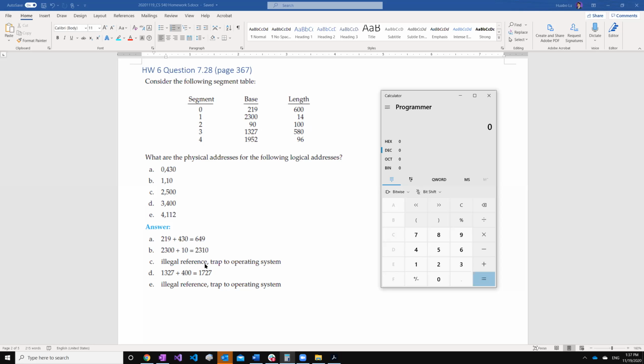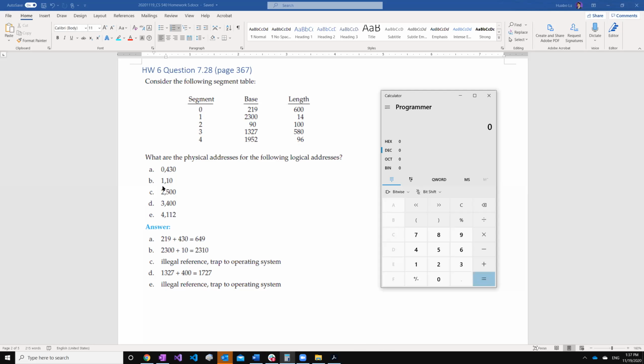So, and we have the last case as well. Right here, segment 4, the maximum length 96, and you want to access 112, which is not allowed by the OS, and that's why you get the illegal reference as well. Okay, now this is a simple question. All you need to know is how you read that.